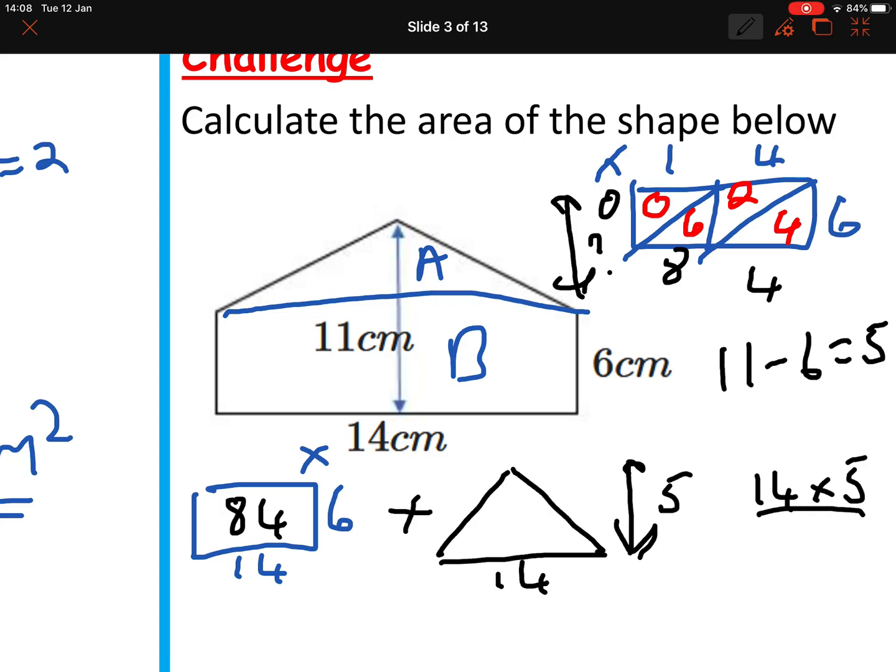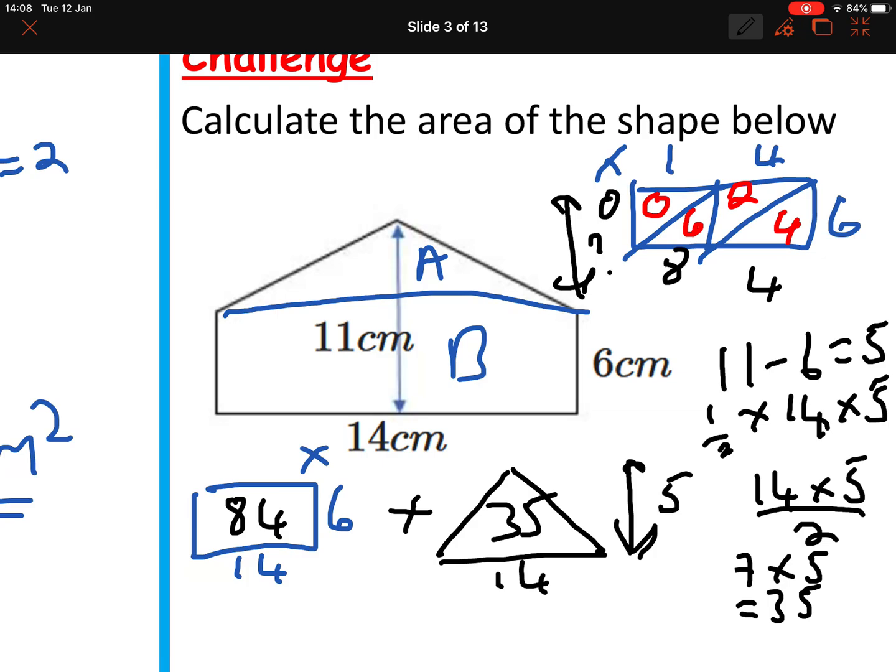The area of that would be base times height, divide that by 2. Now, you can also use half base times height, okay, as we have harder numbers. Now, if you half 14, that's 7. So you can say 7 times 5 would give you 35 centimeters squared, okay?